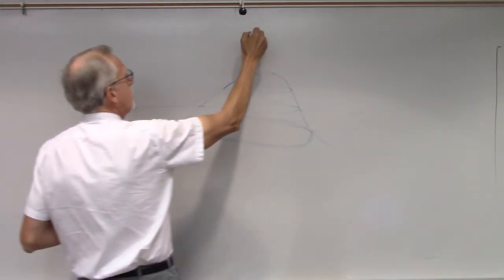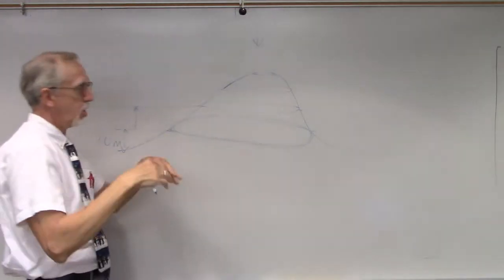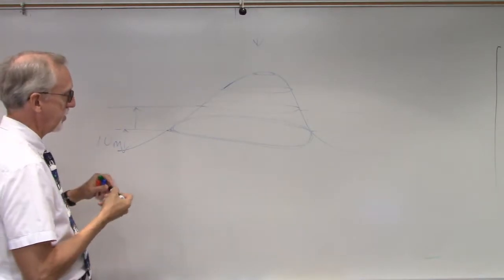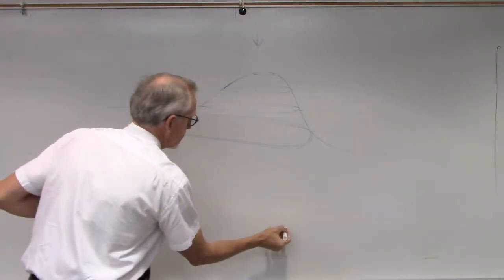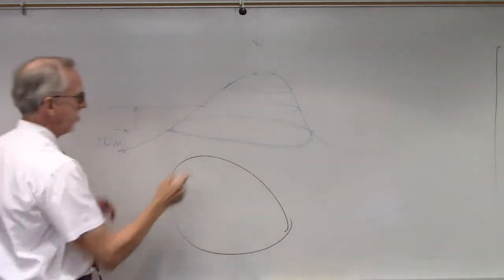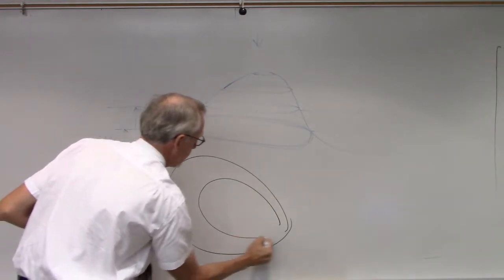Now let's imagine we look down from above and we look at these shorelines all at different heights, and let's imagine we graph them or make a diagram of them. We might get something like this. So here's one shoreline at 10 meters, and then this one at 20 meters.